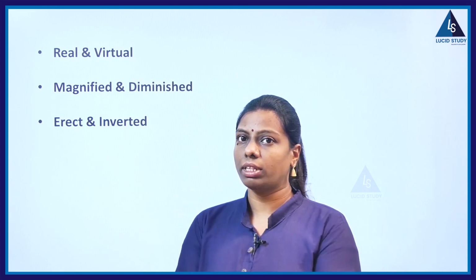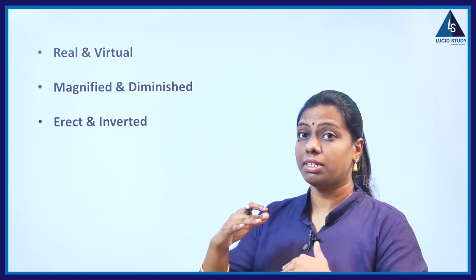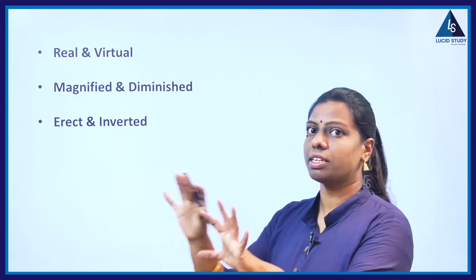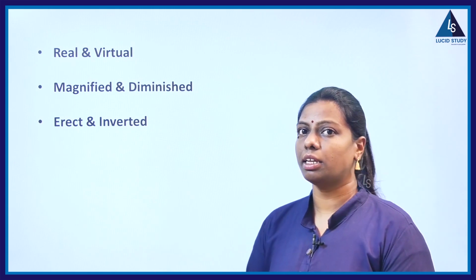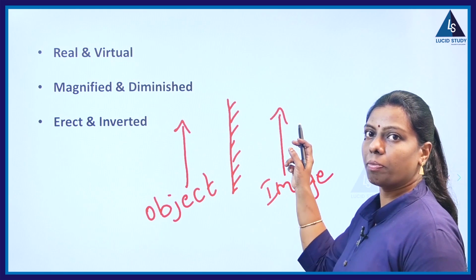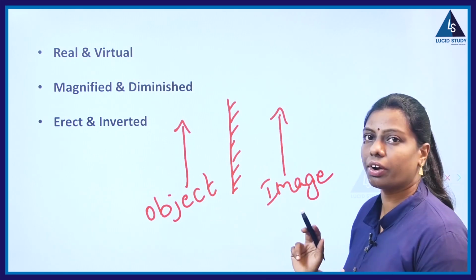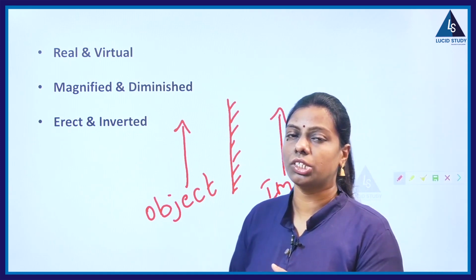Next, erect and inverted. Erect means the image is the same way up as the object. Upside will be upside, down will be down. That is an erect image. What you see in mirrors is an erect image. Here the arrow is up, here also the arrow is up. This is an erect image. Then what about an inverted image?